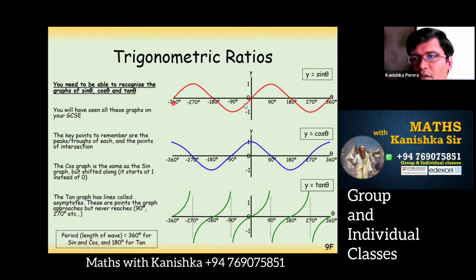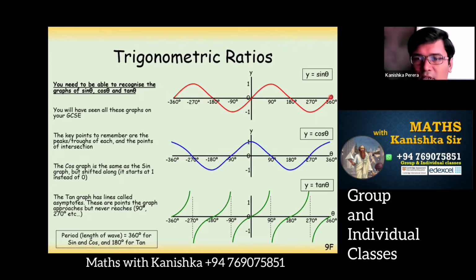So one wave is from 0 to 360. This is one wave starting from that particular place. Again, once it comes to the same place, we consider it as one wave. Starting from 0, it will go somewhere here, and again it comes to the same place. Then we can consider it as one wave.